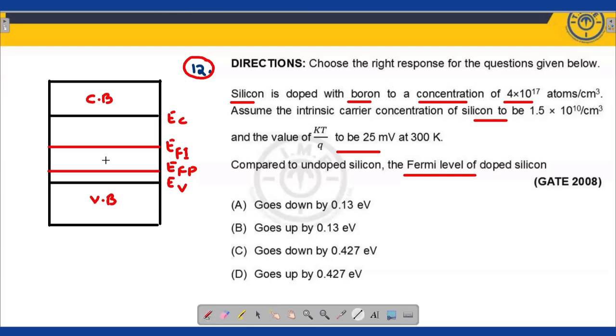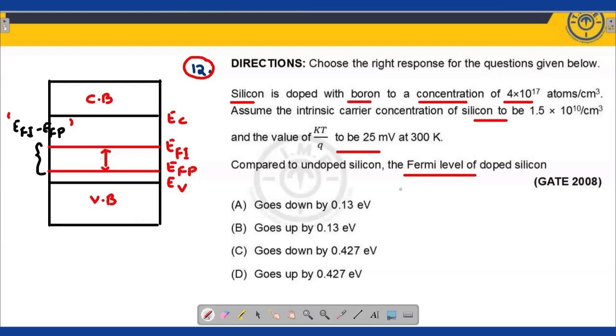If I take this particular gap, this gap is equal to EFI minus EFP, which is very, very important, my dear friends.